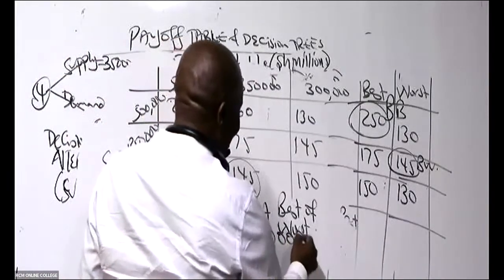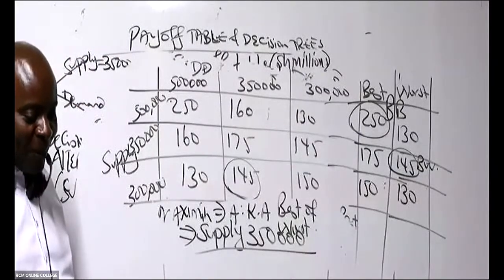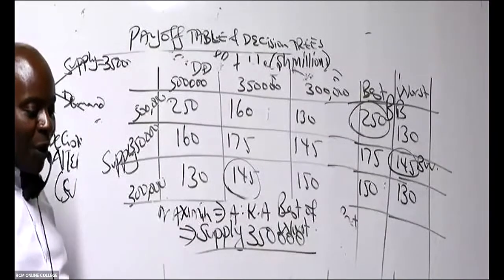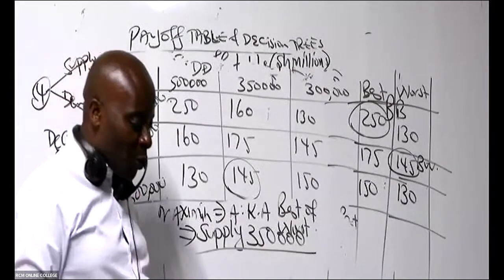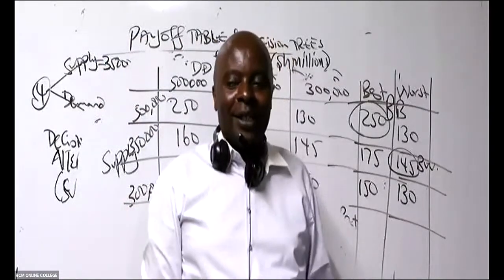Lucy, check well. Supply 350,000. So I'm so sure the students who are here, had you done this question this way, we would be talking of a different story, but such is life.